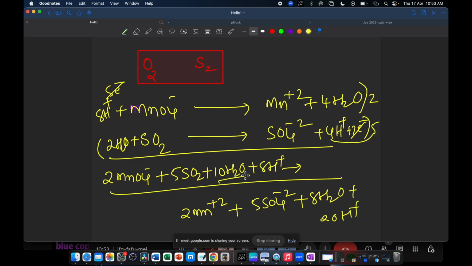So these common things you can cancel and write the simplest form of it. So this is how the sulfur dioxide reactions go. There are 2 reactions of sulfur and 3 preparations.